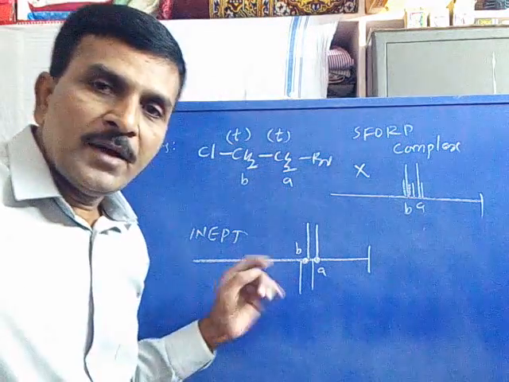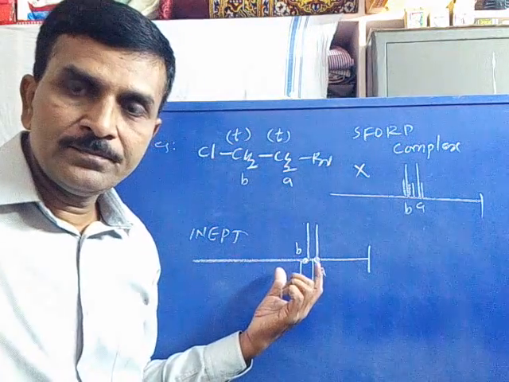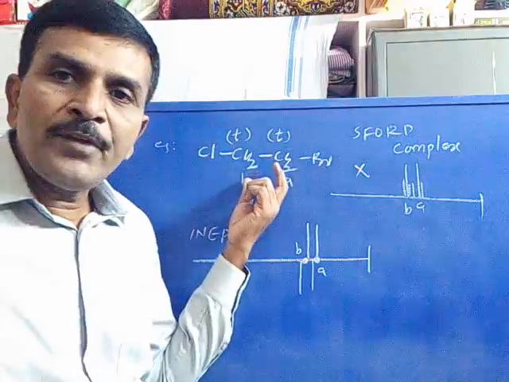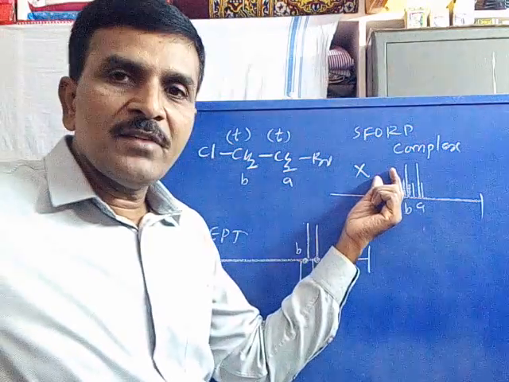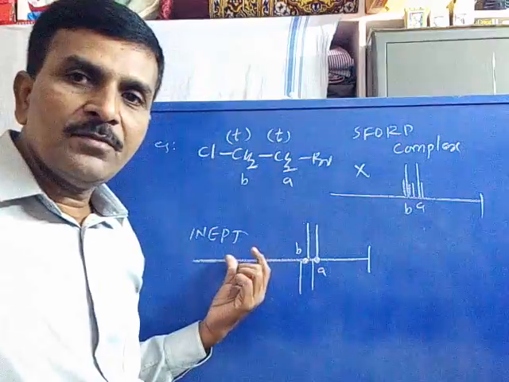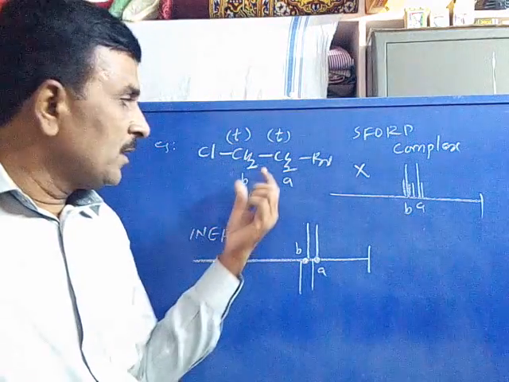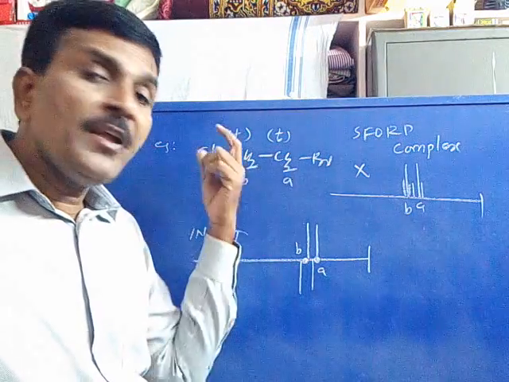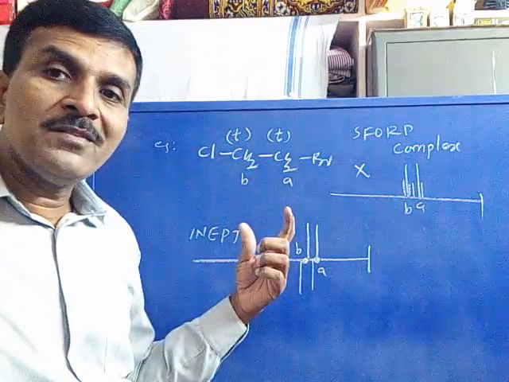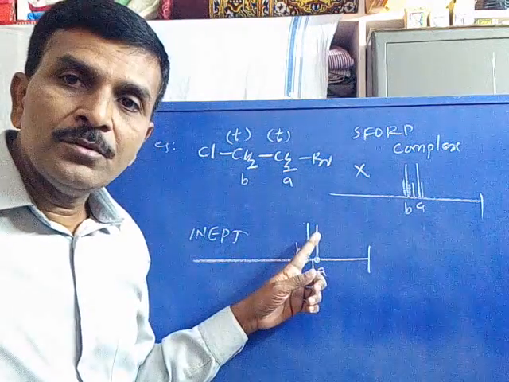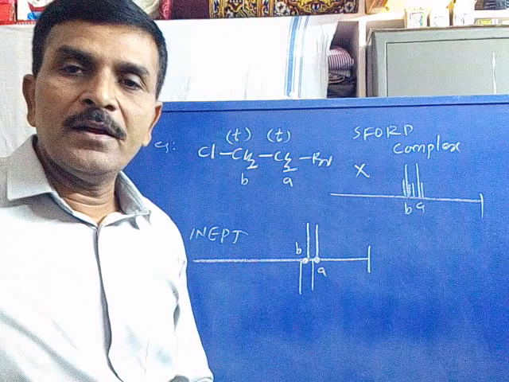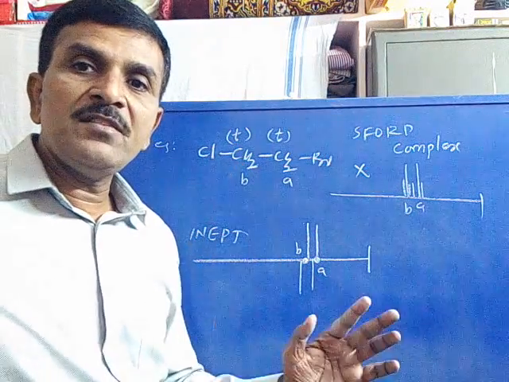In the INEPT experiment, within the same space and the same frequency difference between the 2 carbons, when we record a few lines of the triplets as negative and others as positive, a space is created.